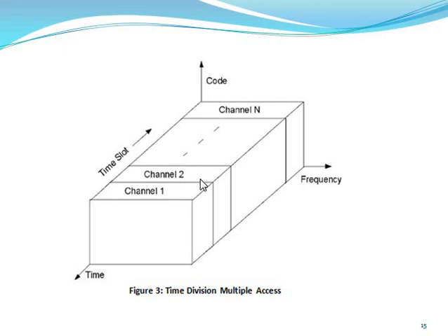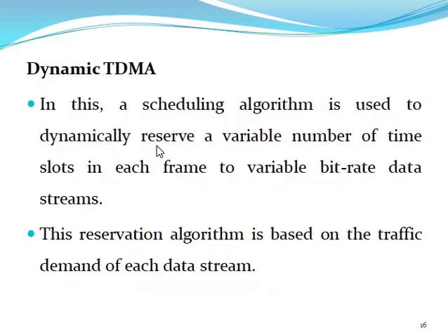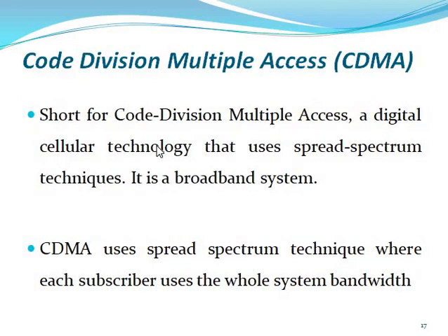You divide the particular size based on the signal, for example 0 to 10 is channel 1, 10 to 20 channel 2, 20 to 30 channel 3. So all the channels are divided on a fixed basis or a dynamic basis. So this is the importance of time, frequency or code in TDMA.